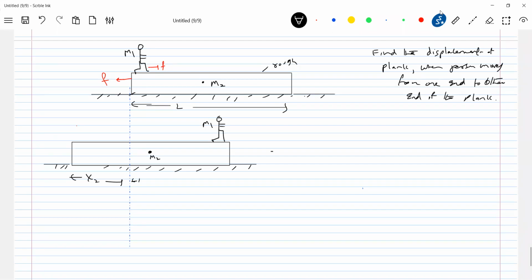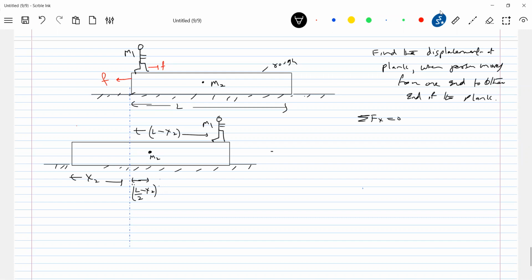So finally, we put L by 2 minus x2, this is this distance. And the distance at which the person is will be L minus x2. These are the positions. So the net force acting on the system along the x-axis is 0.